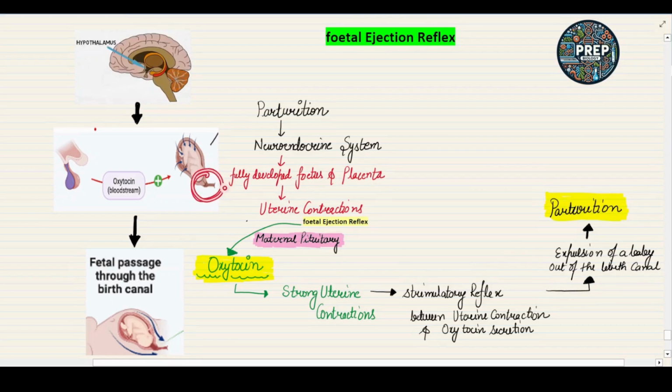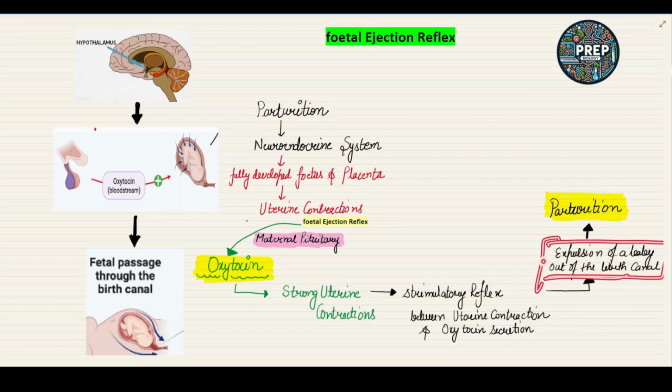You can see the hypothalamus is part of the brain. The fetal ejection reflex triggers the hypothalamus, and basically the maternal pituitary, the posterior pituitary, releases oxytocin, which leads to stronger contractions of the uterus and the delivery of the baby from the birth canal.